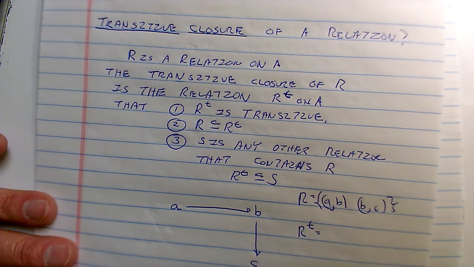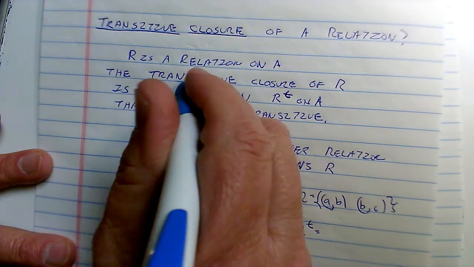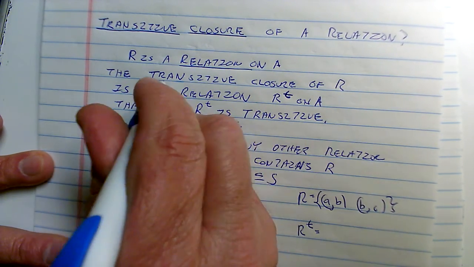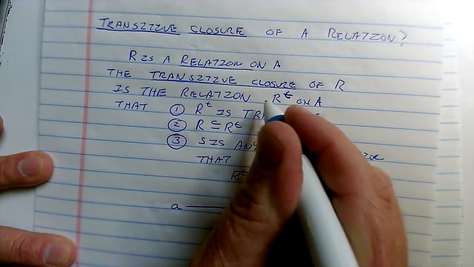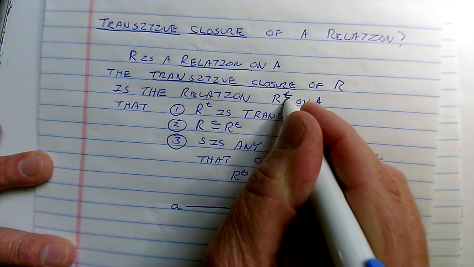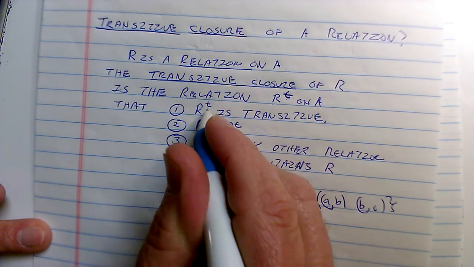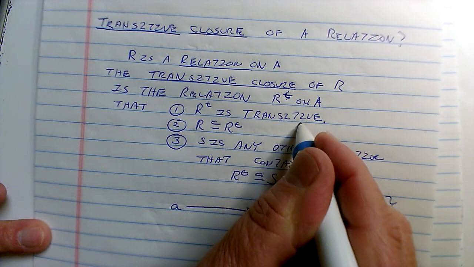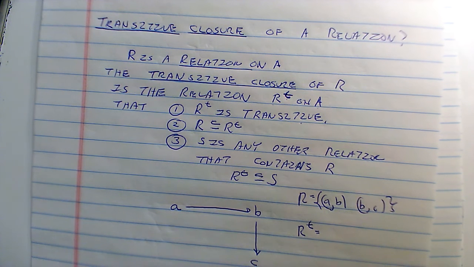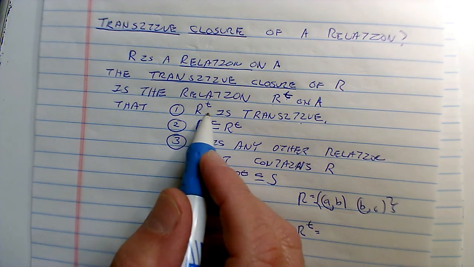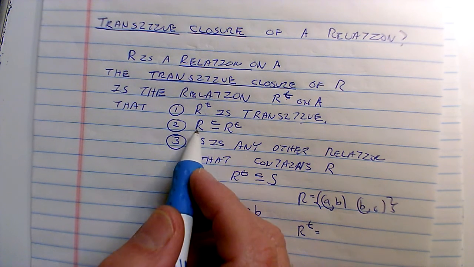So here's how we say it officially. R is a relation on A, and we're going to say the transitive closure of this is a relation R, and we're going to make a T up here on A. R^T is transitive. So this is the set that is a superset of R that's going to make it transitive.